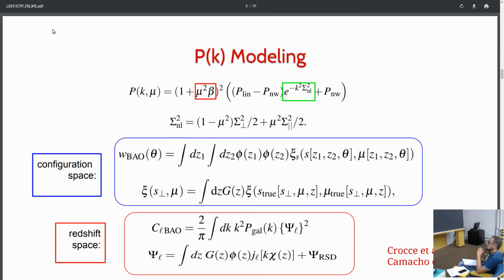In order to study BAO, first we will talk a bit about our modeling. We are looking at the power spectrum.